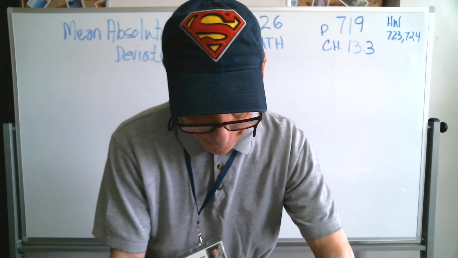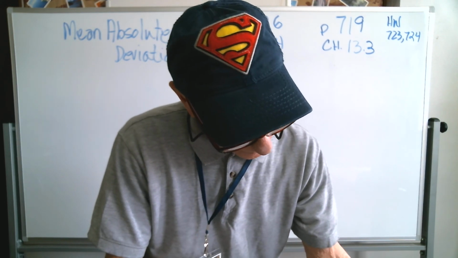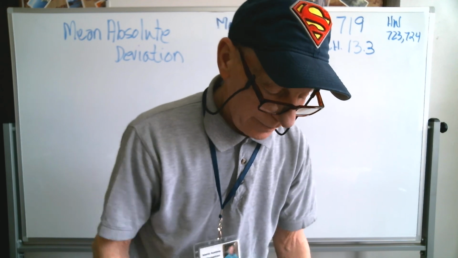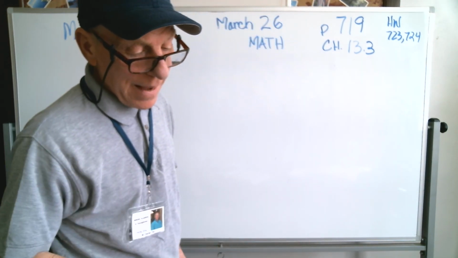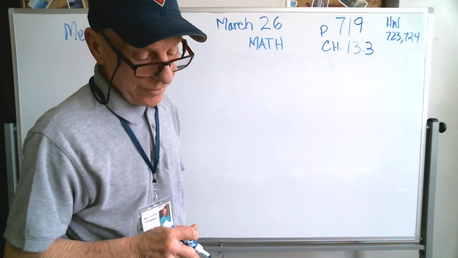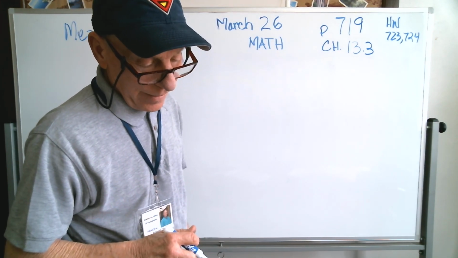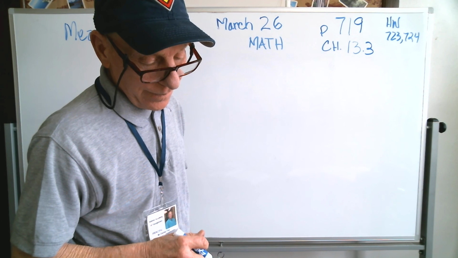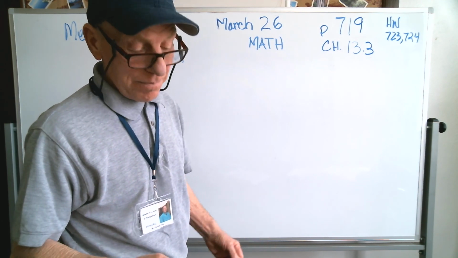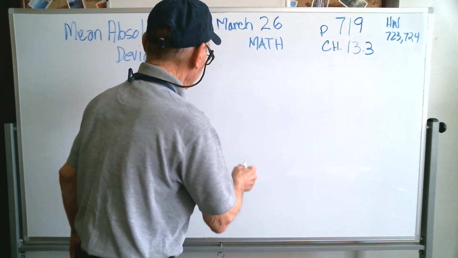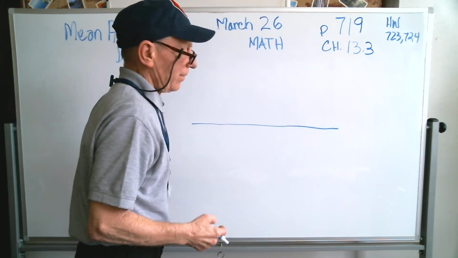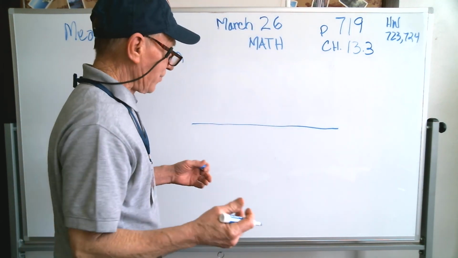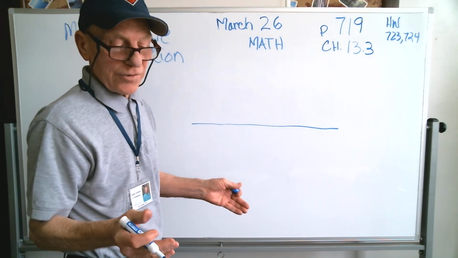Let's go to page 720. And here they give you, under the Make Connection section, a dot plot. And that dot plot, because you can find the mean absolute deviation for any set of numbers.